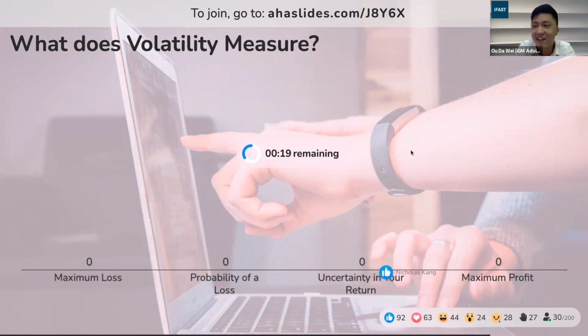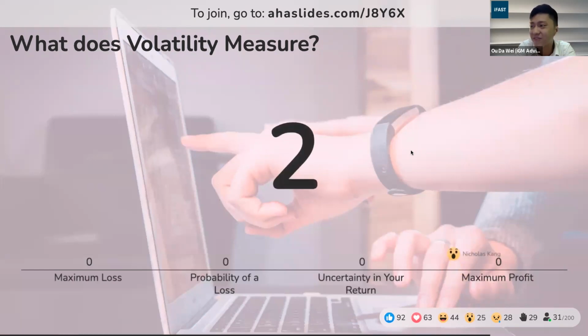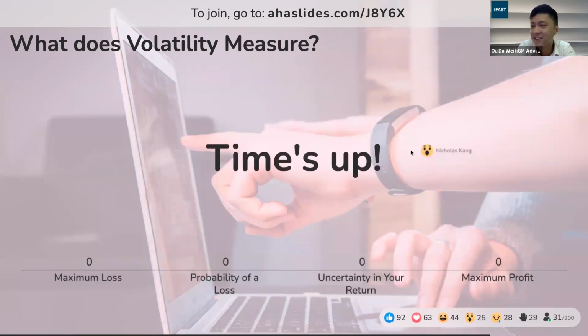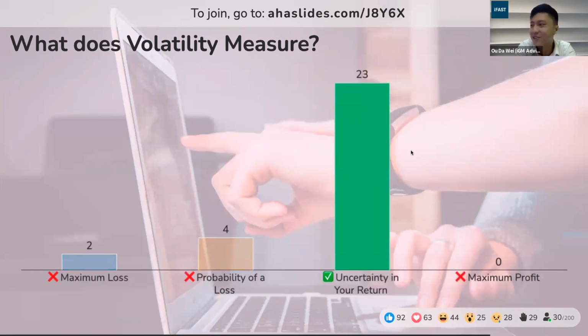We were saying that there are 2 ways in which we look at risk. What is volatility? Time's up. The correct answer is uncertainty in your return.